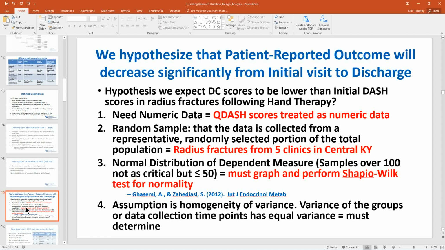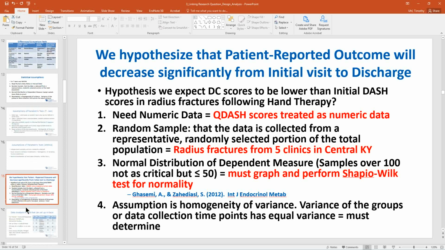For data groups that are under 50, you might want to graph with a histogram, as we already showed you, or report a test of normal distribution, which is often called the Shapiro-Wilk test. The assumption of homogeneity of variance can be assessed by looking at the variance around the mean, so the standard deviations related to that measure.